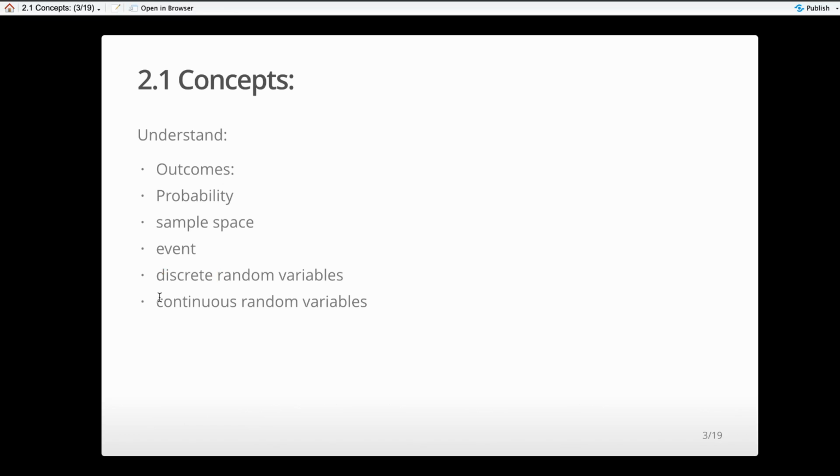But if you're calculating the mean out of 100 trials of how many times you get heads, well, then it might be 4.5 or 4.52, right? That is a continuous random variable. With a continuous random variable, between any 2 outcomes, there's hypothetically another number that you could get between those 2 numbers. And so these are all the concepts in section 2.1.